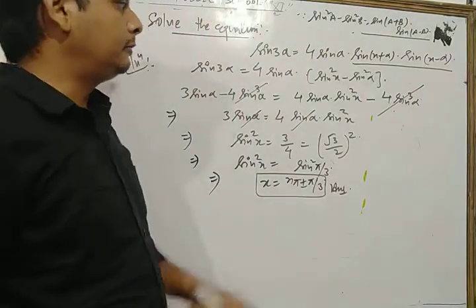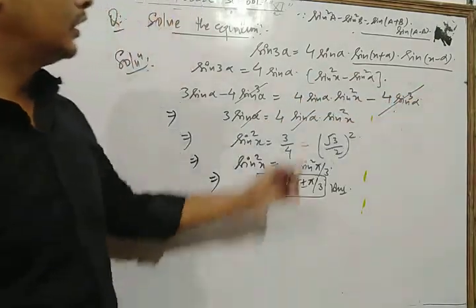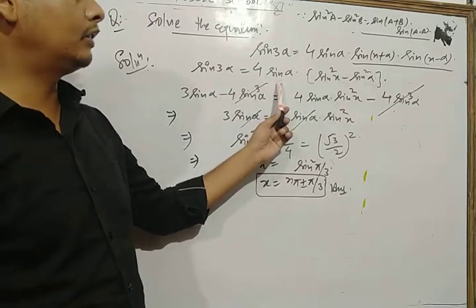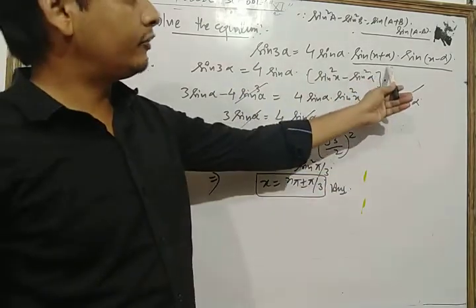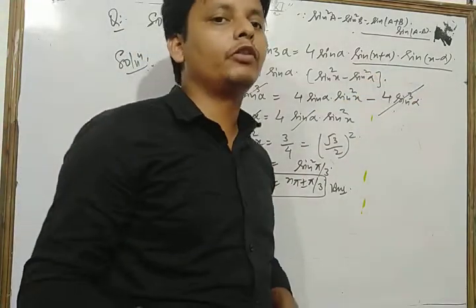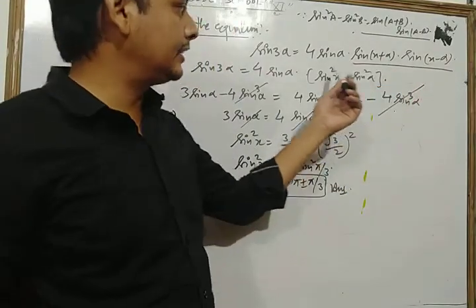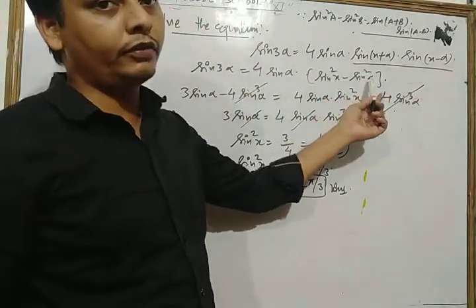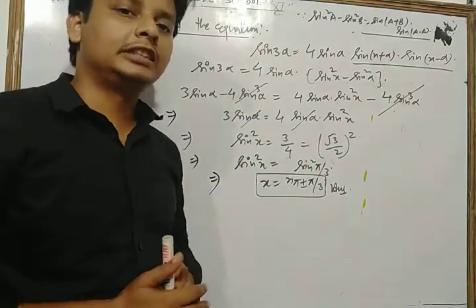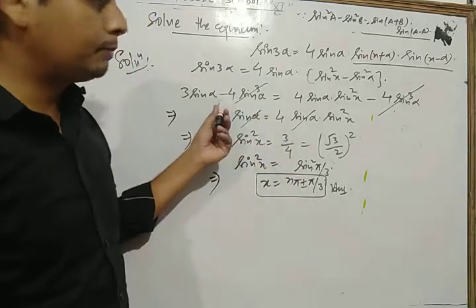This is the required solution of that trigonometric equation. Let's see once more. This is our question, and first we write sin 3 alpha as it is, and 4 sin alpha. We know that sin A plus B into sin A minus B is the formula for sin square A minus sin square B, so using the identity we write sin square x minus sin square alpha in this form. And we know that the formula for sin 3 alpha is 3 sin alpha minus 4 sin cube alpha, so we put it here.